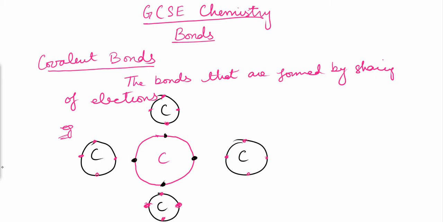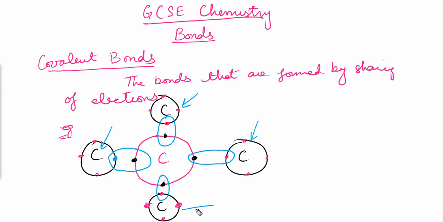So in this one, this central carbon will form bonds with the other 4 carbons. In this way, this carbon will share 1 electron of this carbon. In this bond, it will share 1 electron of this carbon, and similarly in the other bonds.